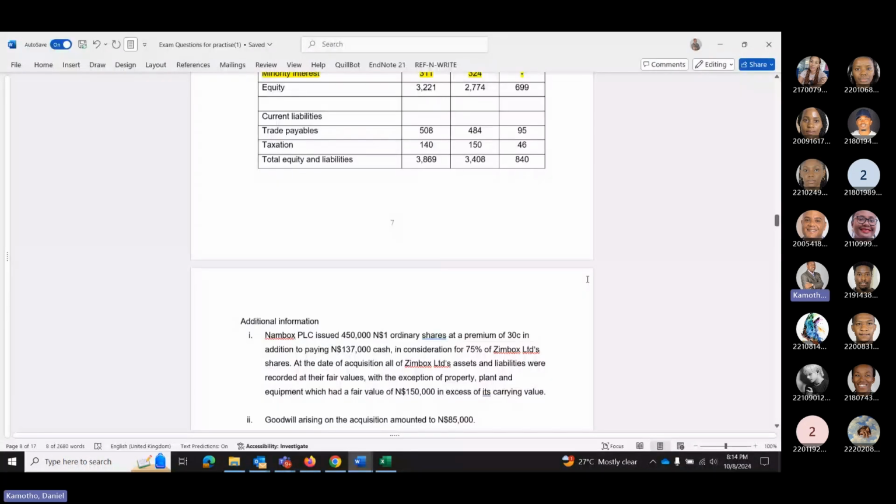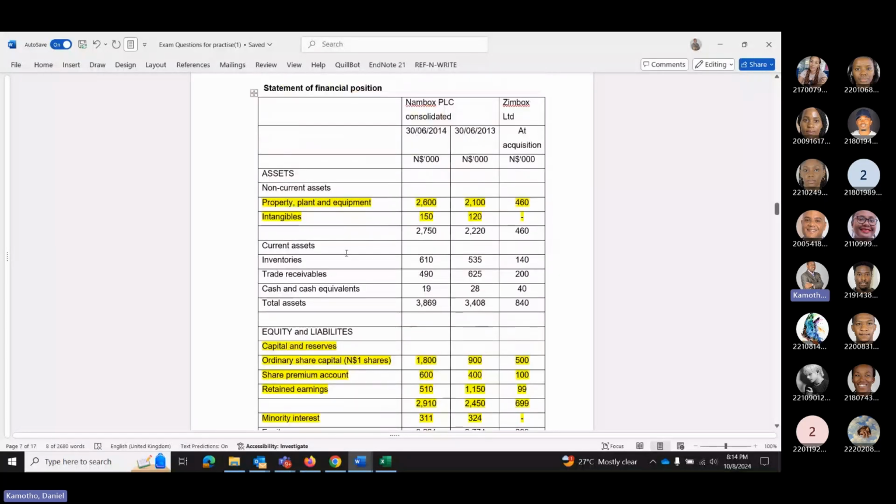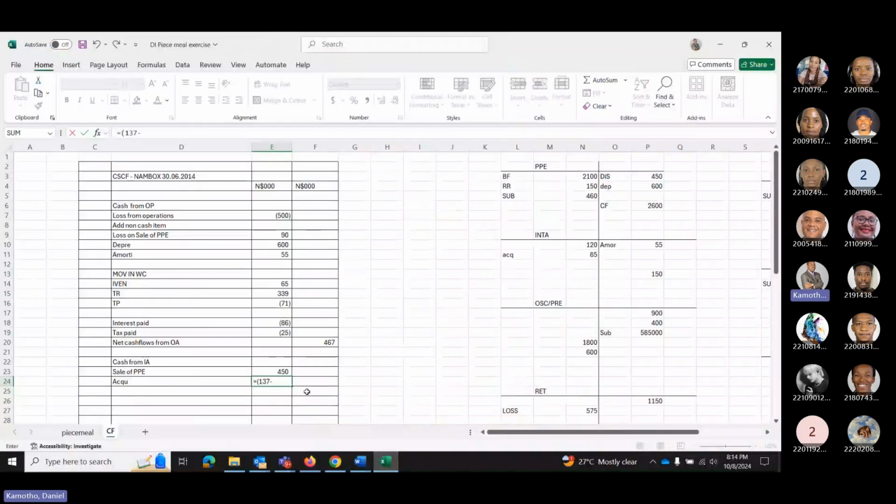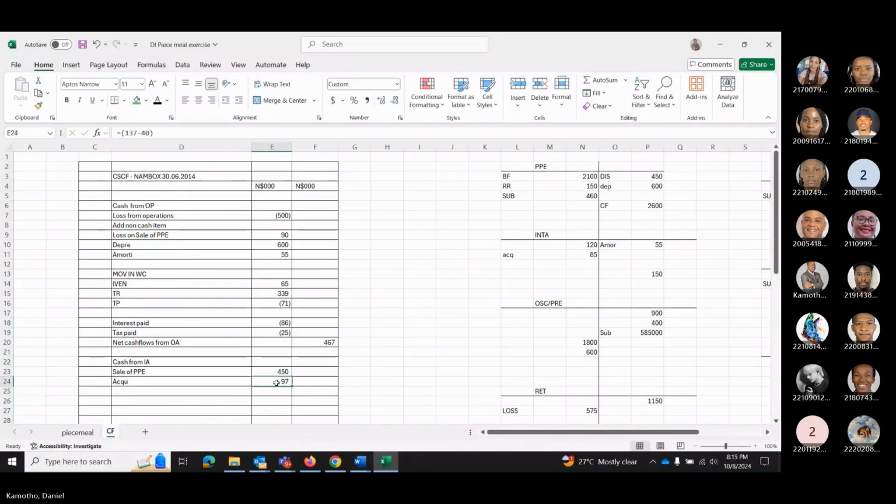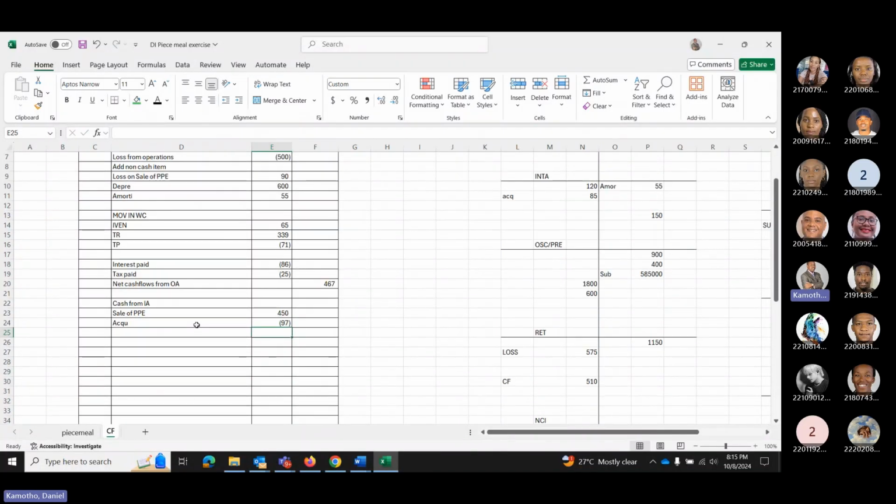The cash that was acquired with the subsidiary is 40,000. So we are saying the outflow is 137 that we paid as cash consideration, less the amount that we have received, and it is an outflow. So it's a subtraction. This is acquisition of subsidiary.